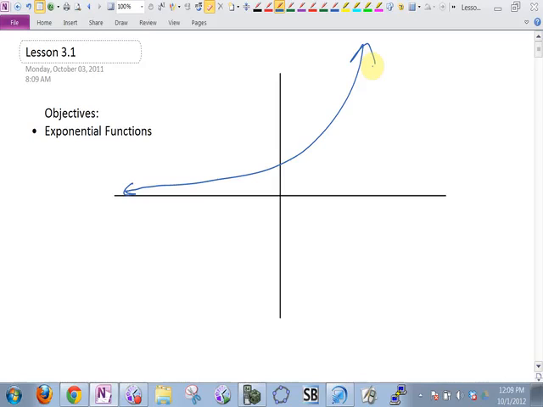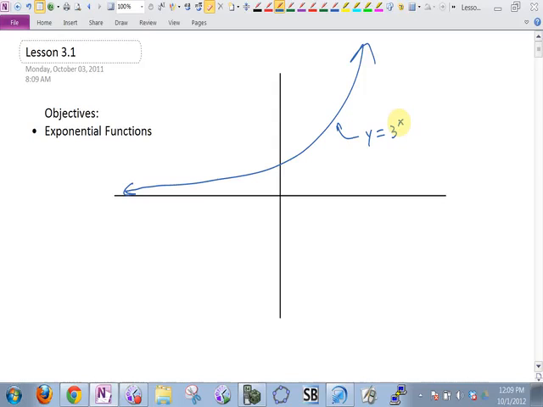What does the equation of an exponential like this look like? Y equals... What's that? Pick something. Pick a 3. All right. A. Okay, so maybe this is 3 to the x. The big difference between a power function and an exponential function is that in an exponential function, your base is a constant, your exponent is the variable.